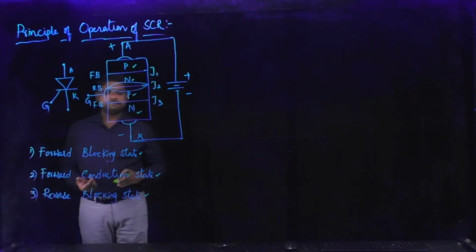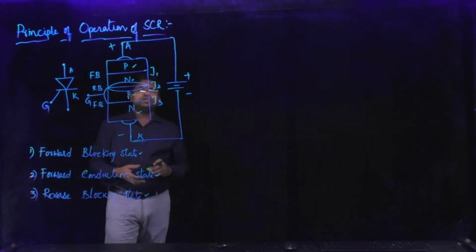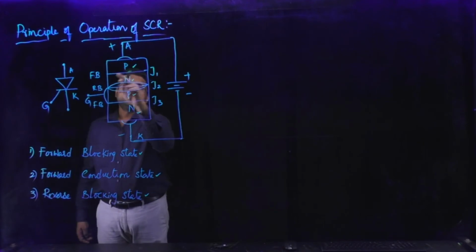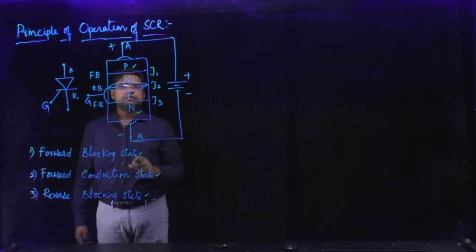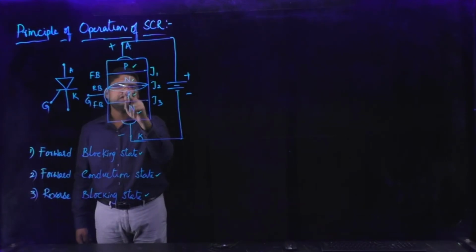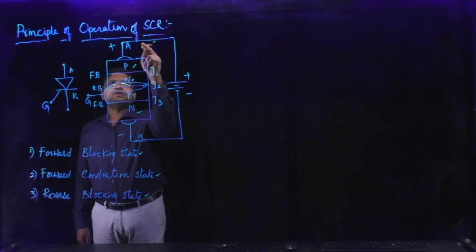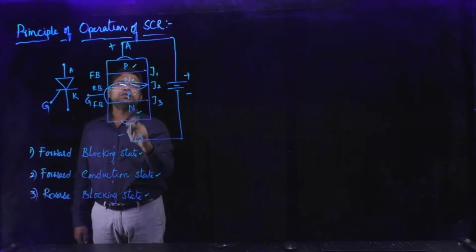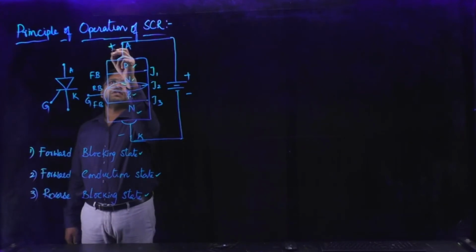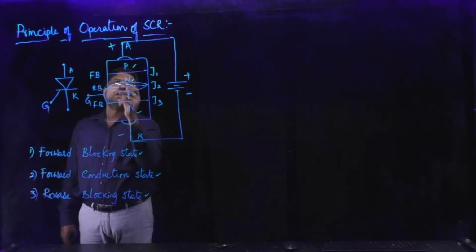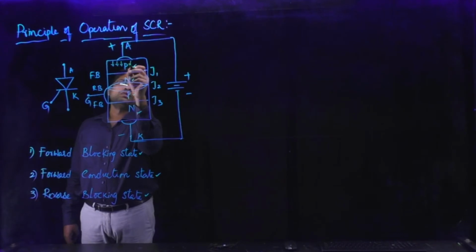Forward blocking state. Now let us see how forward bias is formed at junctions J1 and J3, and reverse bias at junction J2. Whenever forward bias is applied across this SCR, the higher potential or positive polarity repels the majority carriers of this P layer, called holes.